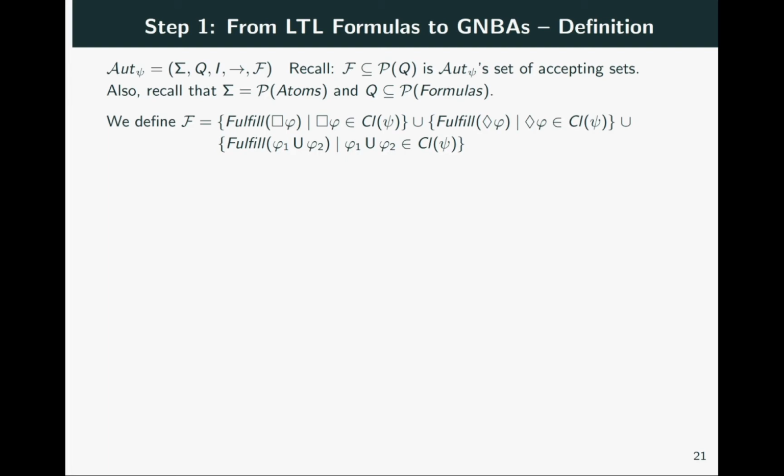In each case, the associated accepting set will be called the fulfillment of the given formula. So fulfill of always phi is the fulfillment of the formula always phi, and so on.